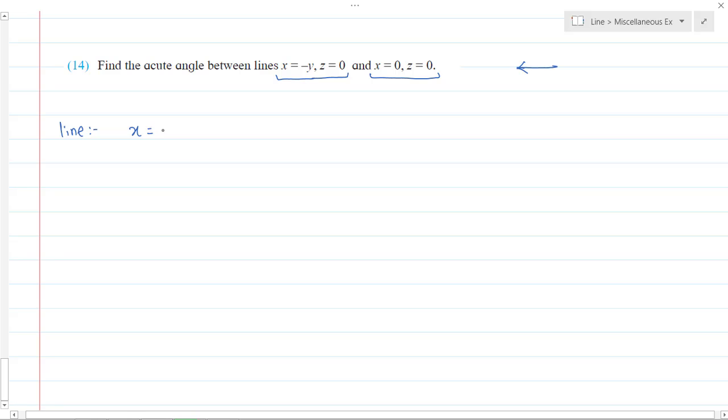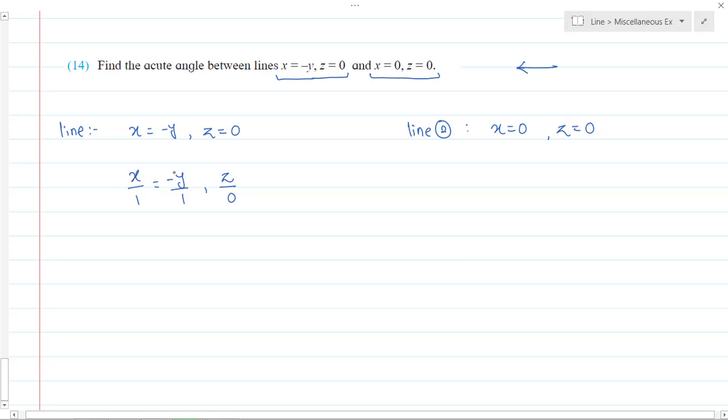So x is equal to minus y, z is equal to 0, and the second line is x equal to 0 and z equal to 0. So you will get x by 1 equal to minus y by 1 and z by 0.